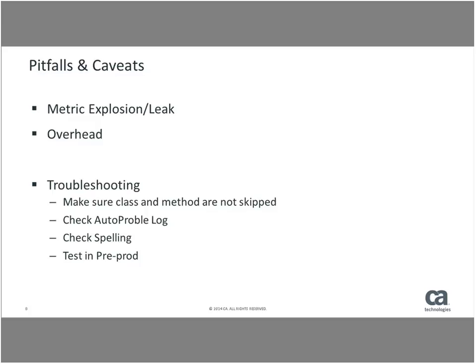Mainly not only to make sure that it's all working fine, but at the same time you want to be careful about the pitfalls, like metric explosion and overhead. Okay, so these are certain troubleshooting steps that you could take once you deploy your custom instrumentation PBD.